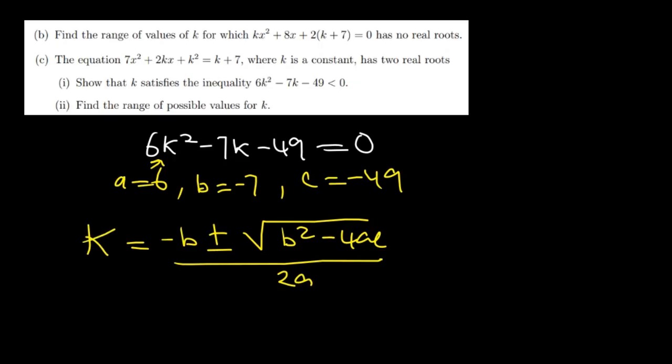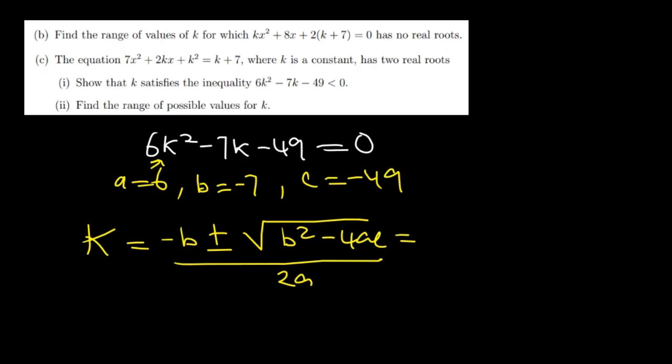So k should be equal to this. Let's just substitute whatever we have now. So k equals minus b, and b is minus 7, plus or minus the square root of b squared, so minus 7 squared, minus 4, and then a is 6. Let me write it down there, since my space here is not enough.